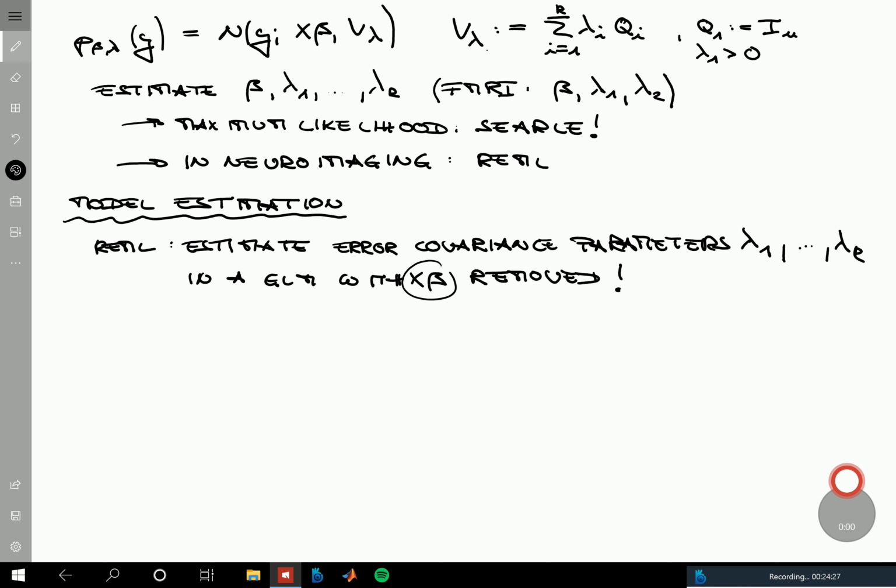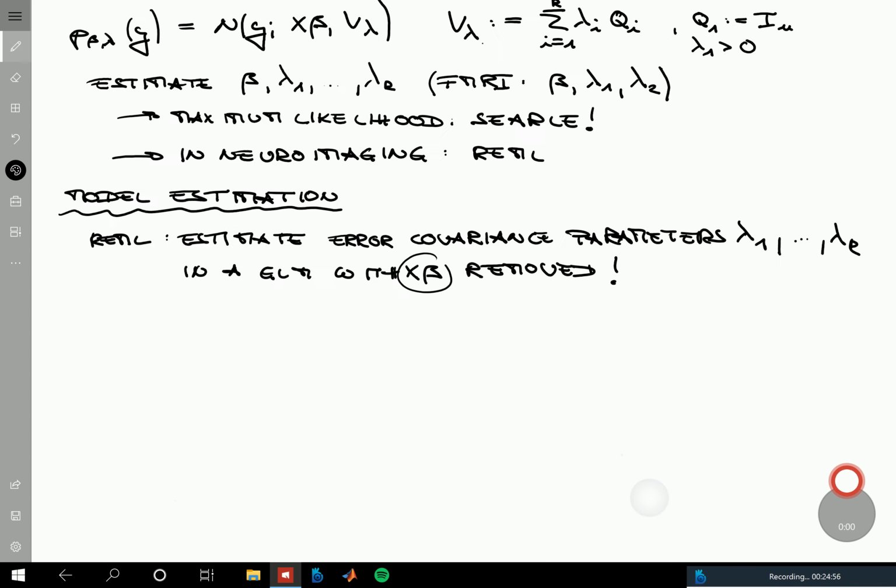Again, we use a matrix multiplication to get to a different form of a GLM, estimate the parameters in this different form, and then return to the form that we actually use. So it's again a transformation of a GLM, estimating there, and then back transforming the estimates.